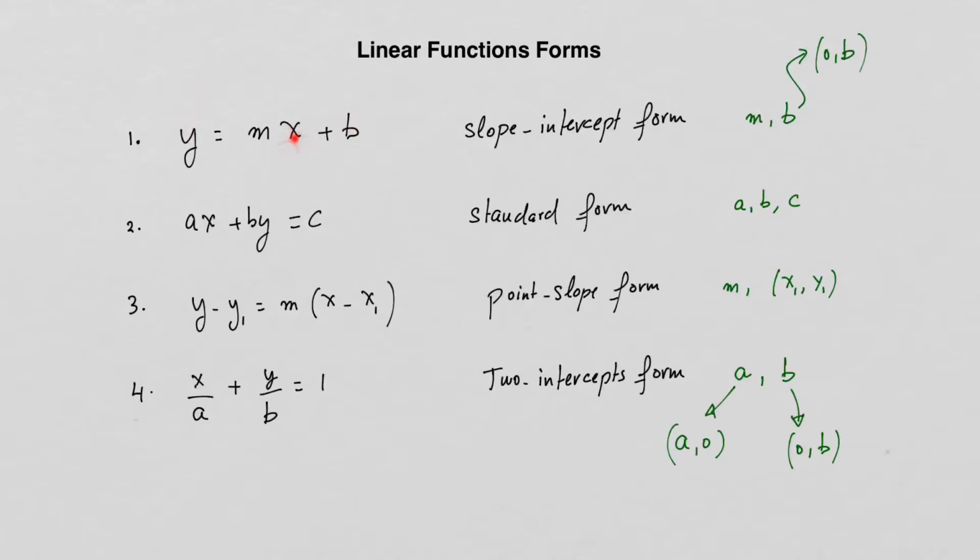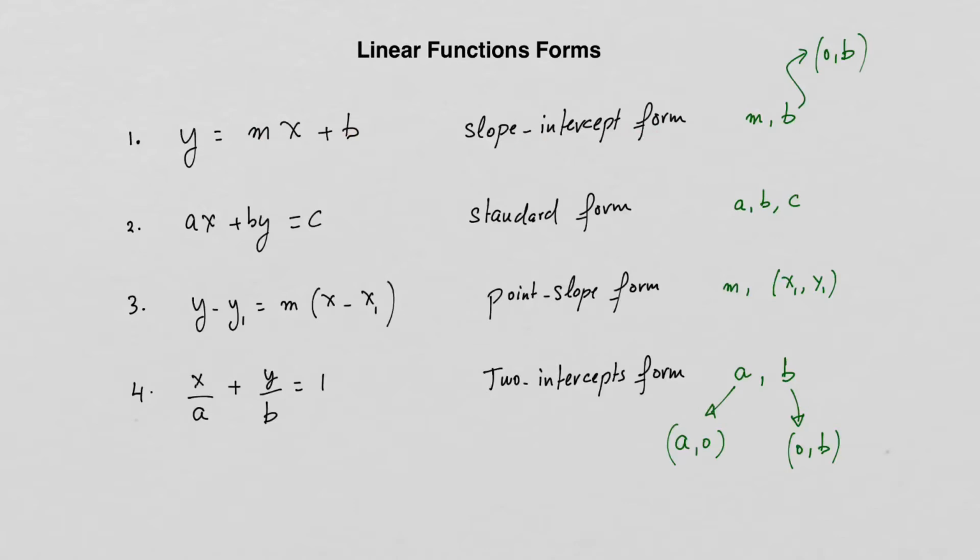When x is 0, y is b. So this is called the y-intercept, the initial value, initial heights, initial weights, initial number of fish in the sea, initial number of trees before they were cut, right? Initial anything. And that is your rate of change. Slope-intercept form, okay?